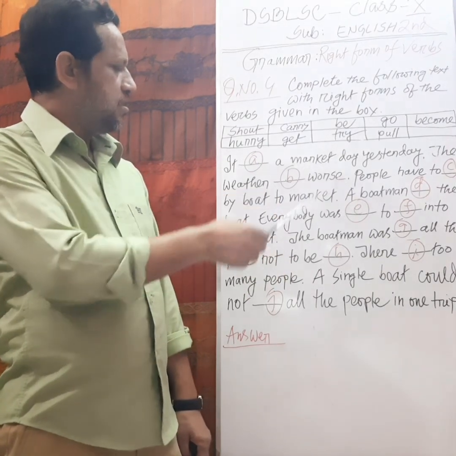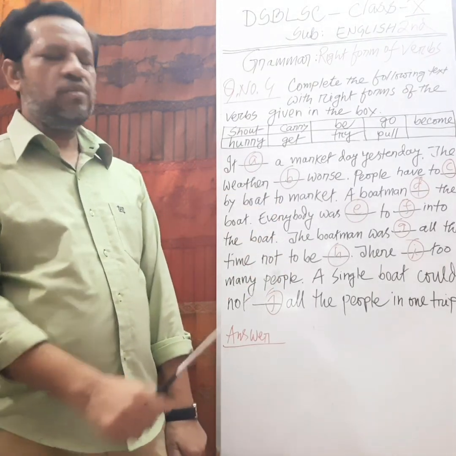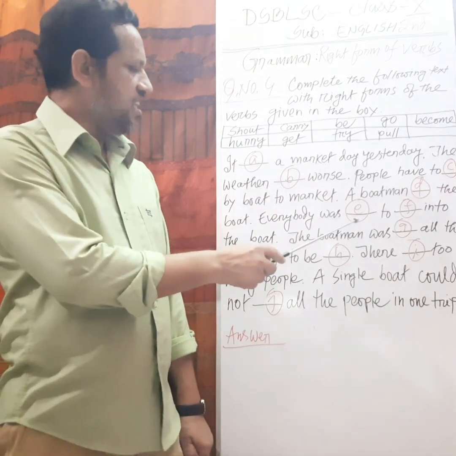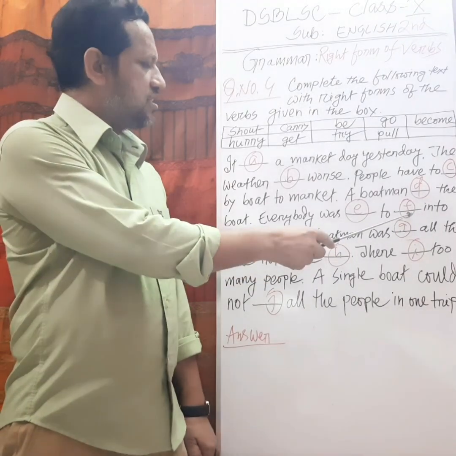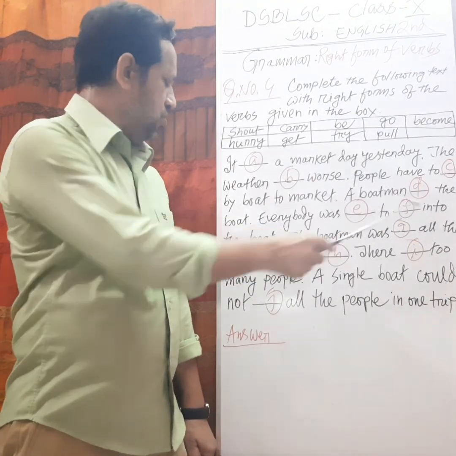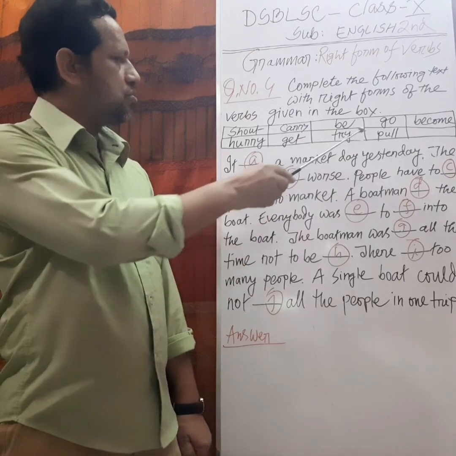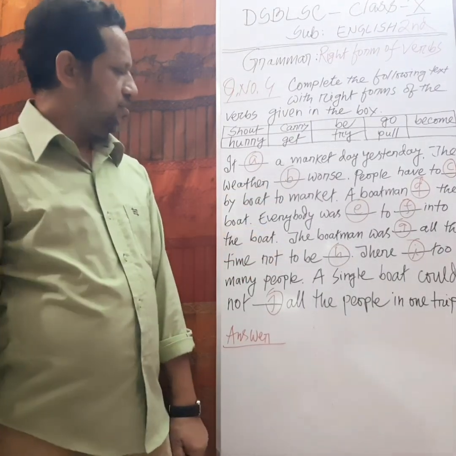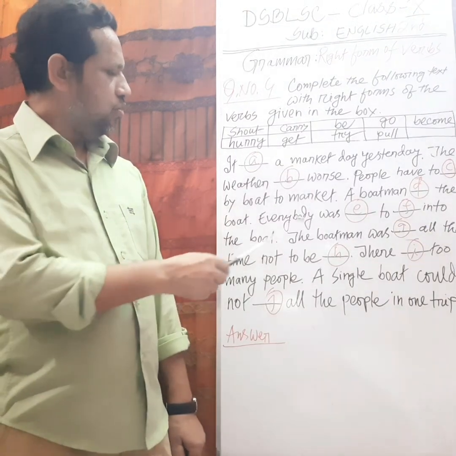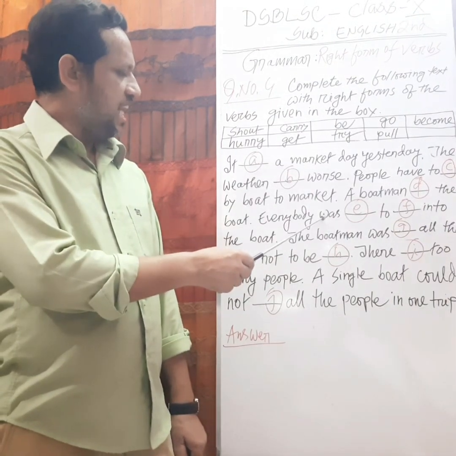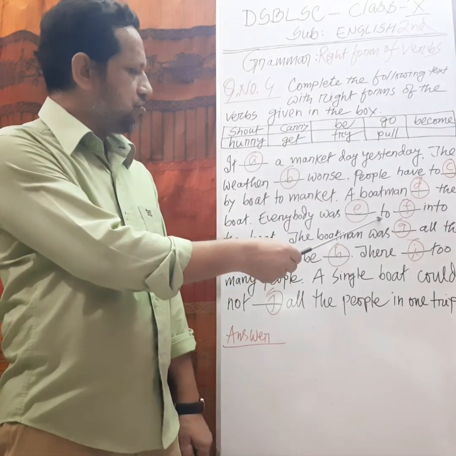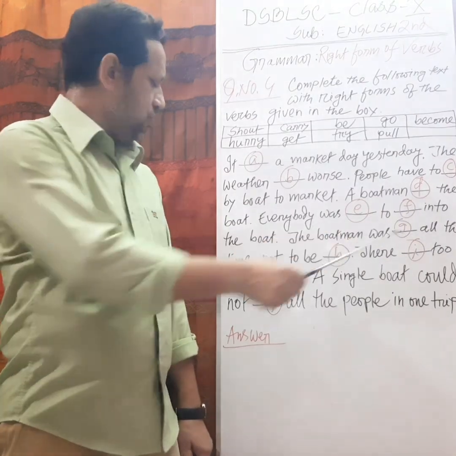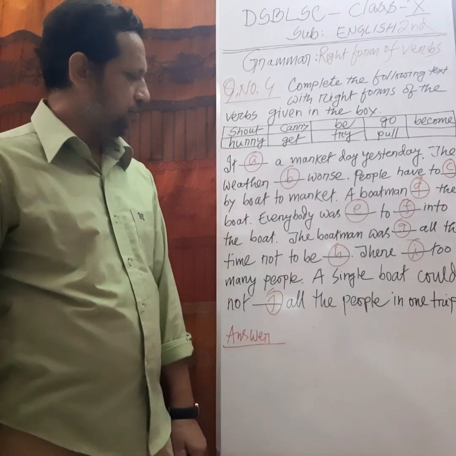Everybody was, past continuous tense. Was trying to. This is the phrase: get into the boat. So here we have to use get. So everybody was trying to get into the boat.